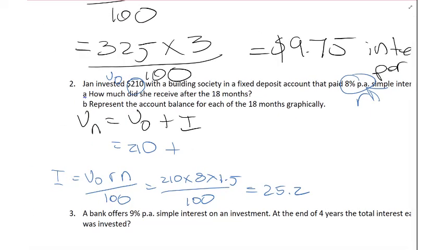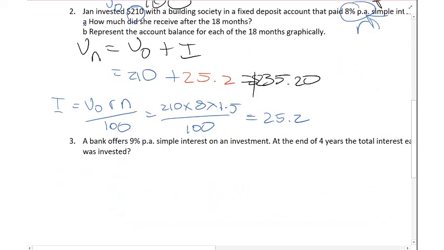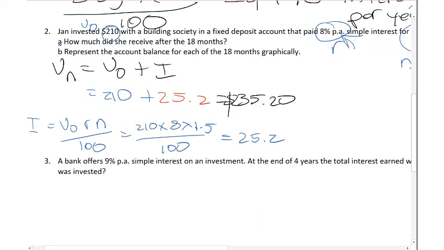So that's going to be 25.2, and that will equal $35.20. Okay, so the total amount received at the end of the 18 months is $235.20.